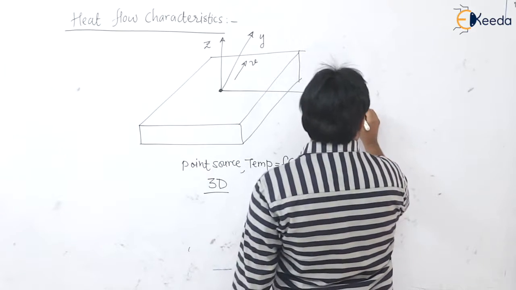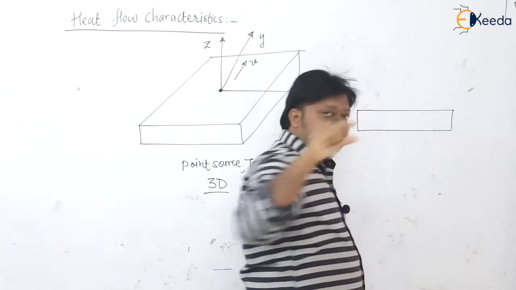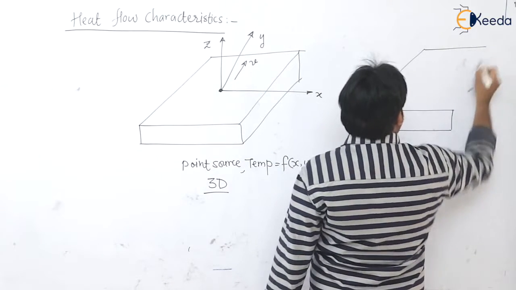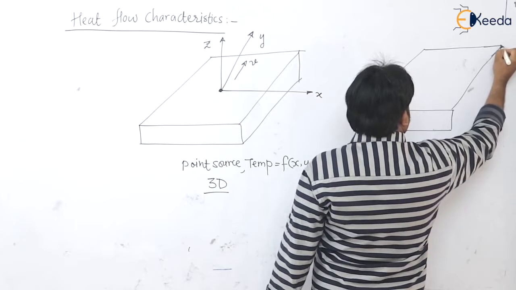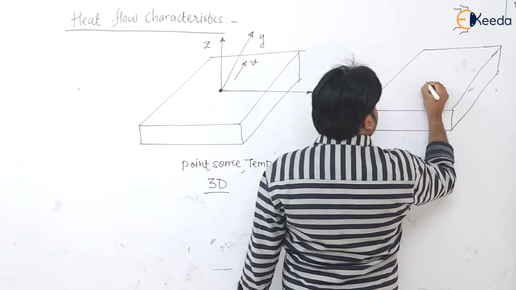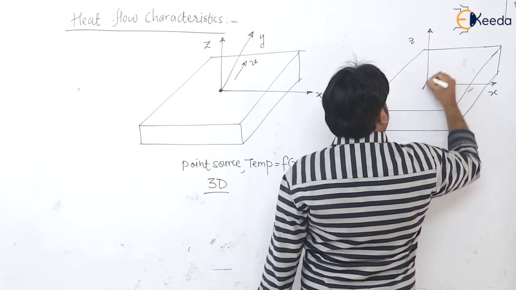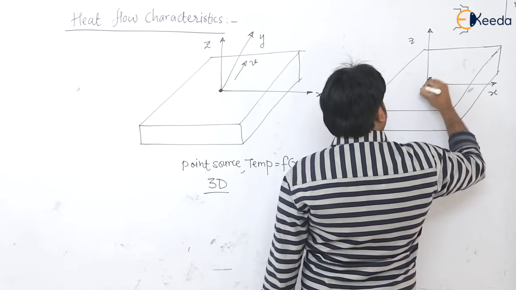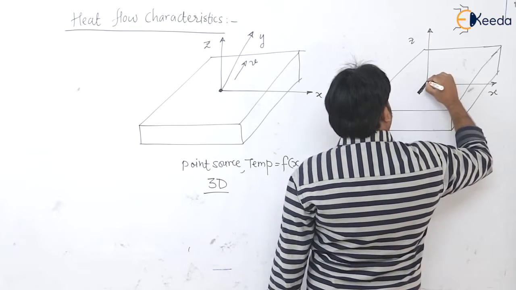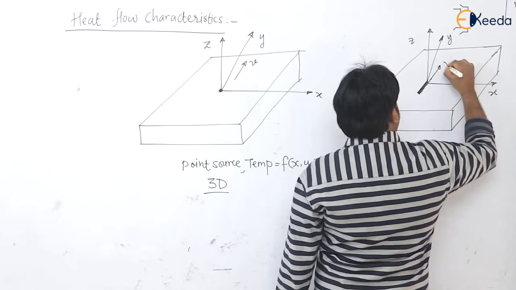And in the second case, where we have very thin plates but the length is more, for that we can consider a line source. This is X, this is Z, this is Y, and this is the velocity of weld.